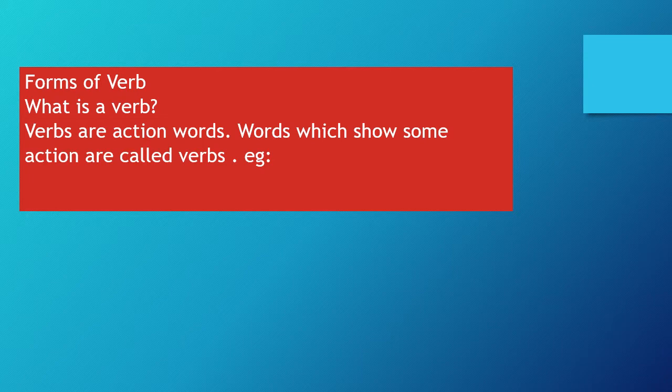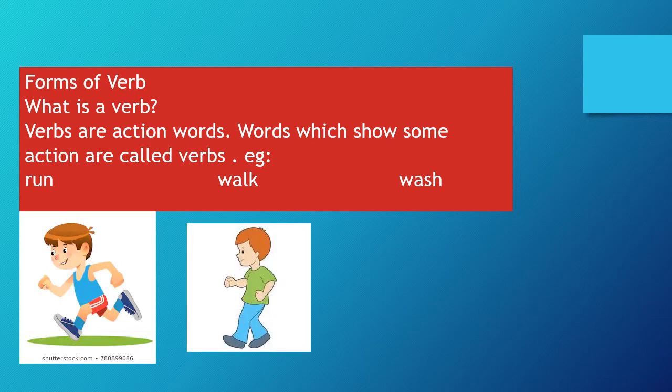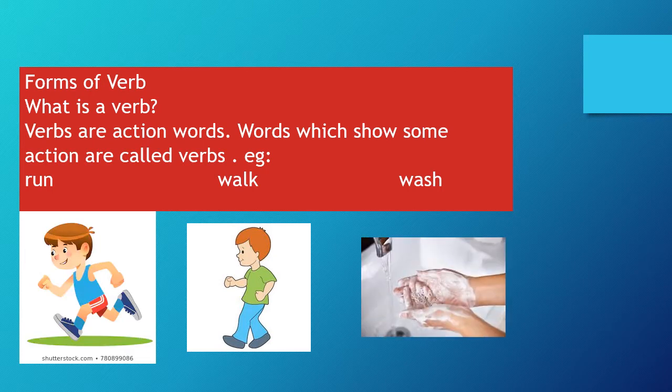For example, run, walk, wash. Like when you are running, you are showing some action. And when we are walking, we are also showing some action. Third example is wash.